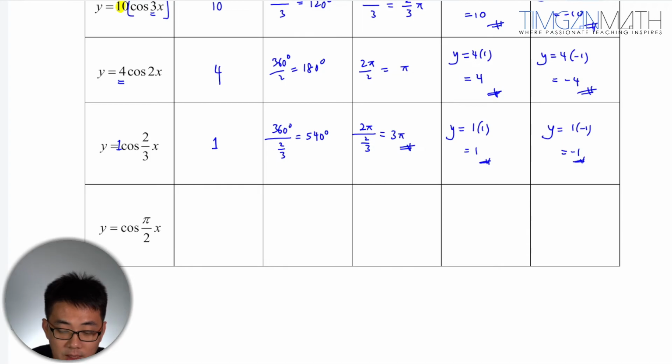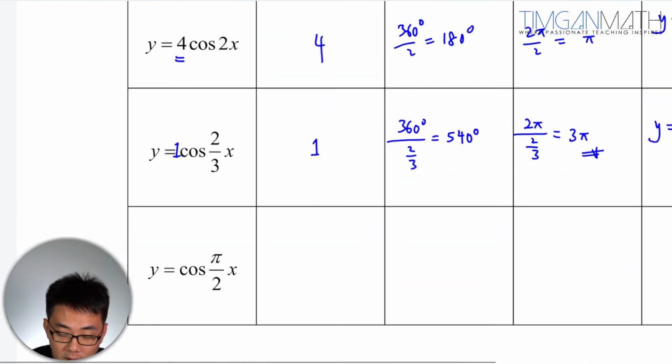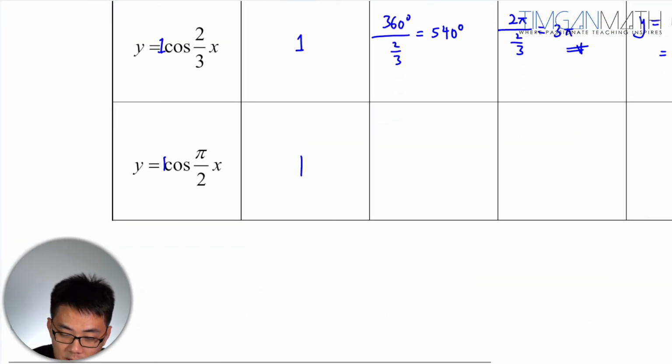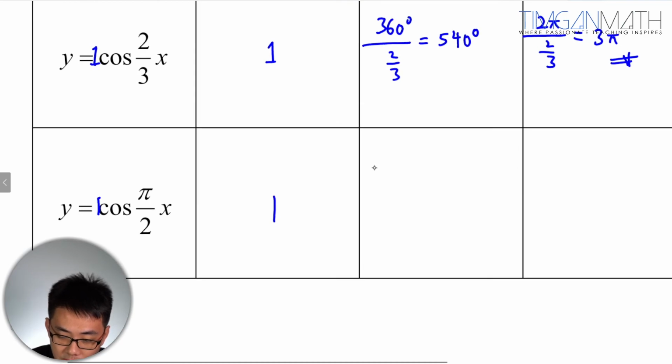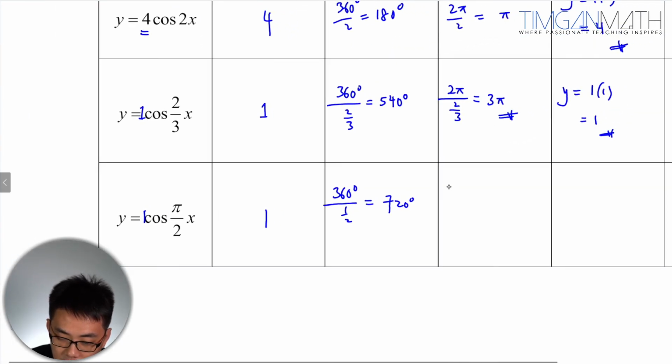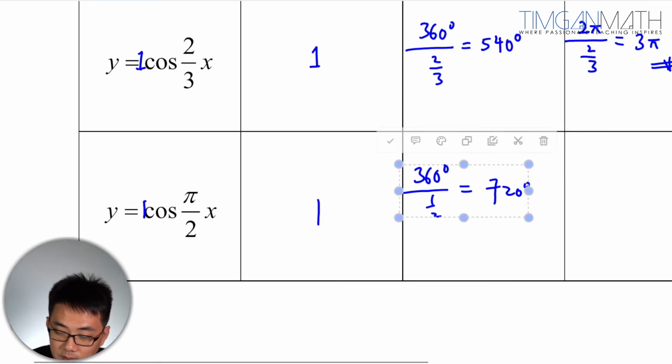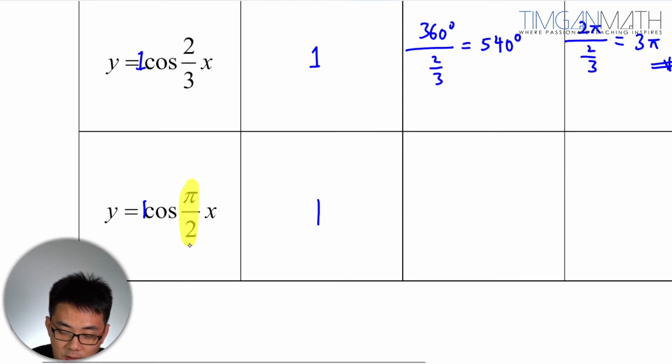Then similarly for the subsequent one, the amplitude is 1 here. The period in degrees will be 360 degrees divided by half, which is 720 degrees. Sorry, this is tricky because the b here is pi over 2.